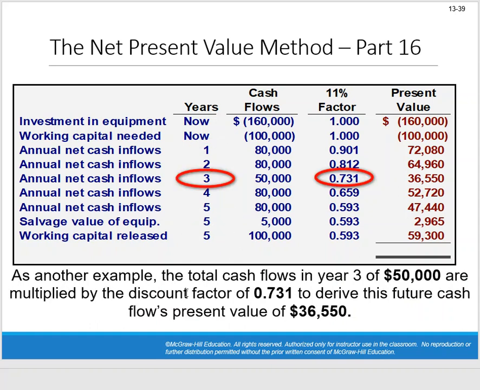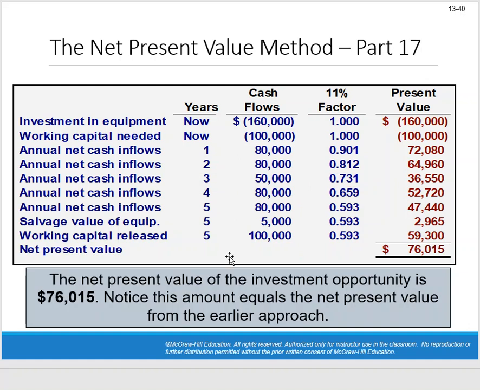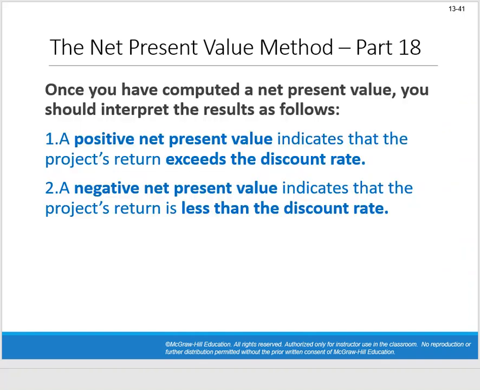Year 3, for example, that was the 80,000 inflow minus the 30,000 outflow, so the net cash flow is 50,000. And we come back to that same number that we previously computed for Lester, 76,015. So same idea, just a little bit different layout. I prefer the first way, but if it makes more sense to you to do it this way, by all means, do whichever way you're more comfortable with.